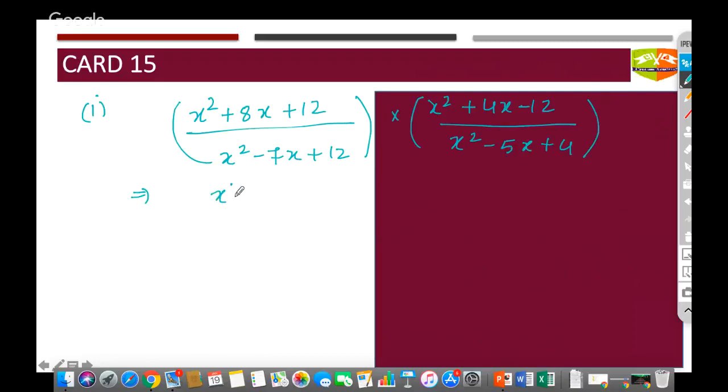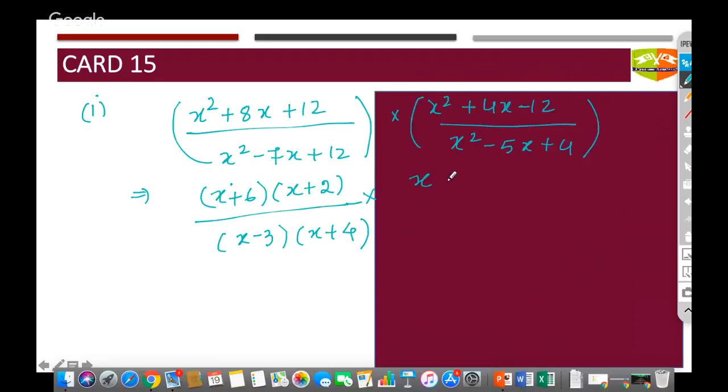So this can be written as x plus 6, because all are quadratic equations. So you can just factorize it. This you can write as x plus 6 x minus 2, and this you can write as x minus 4 x minus 1.